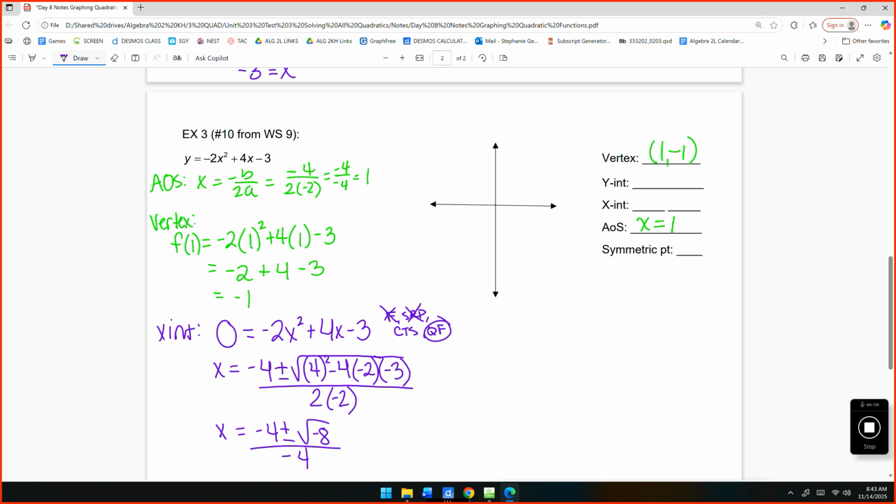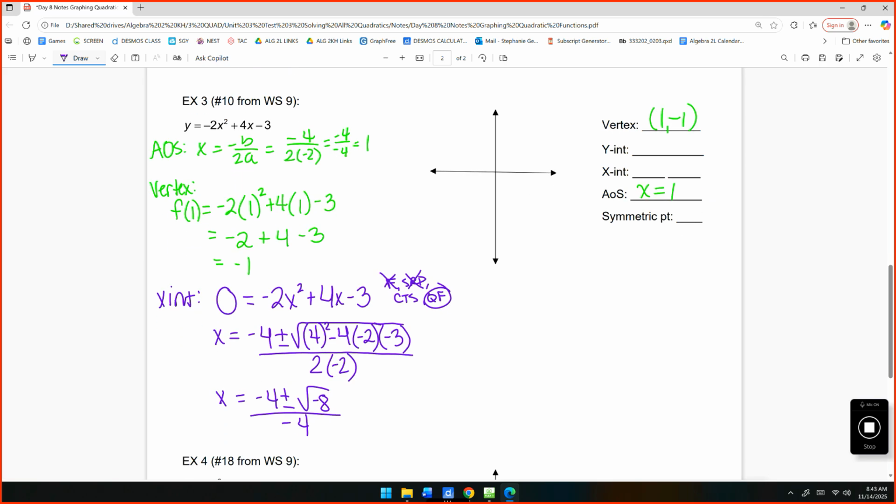Do you think I can graph complex numbers on here? No. Absolutely not. So to answer the question, where are the x-intercepts? Well, there are no real x-intercepts, right? There are none.